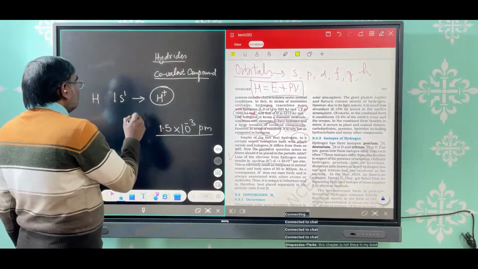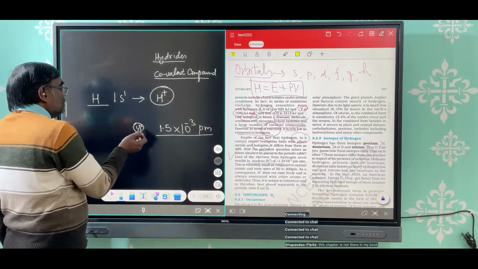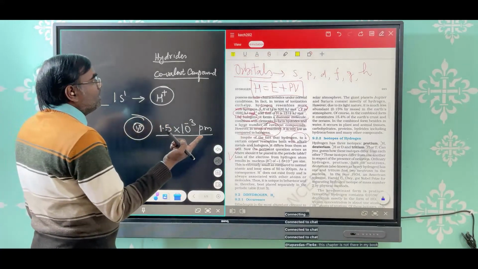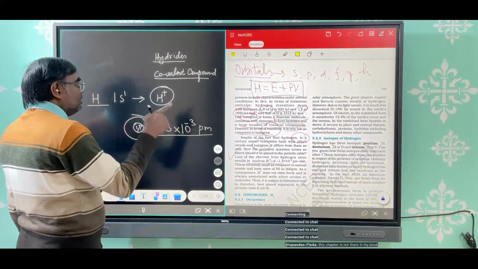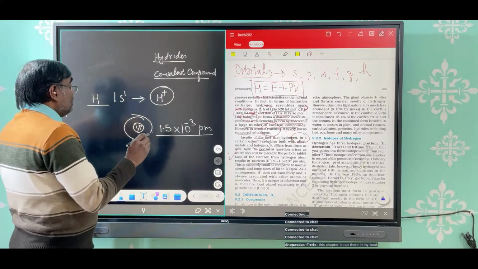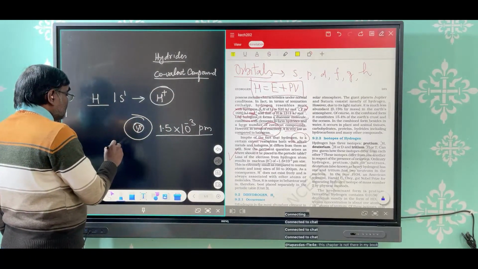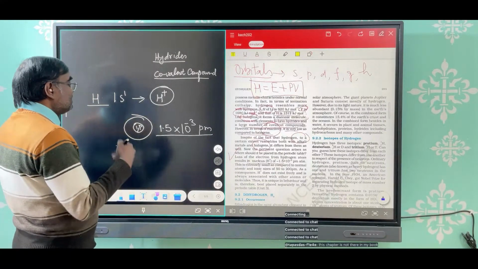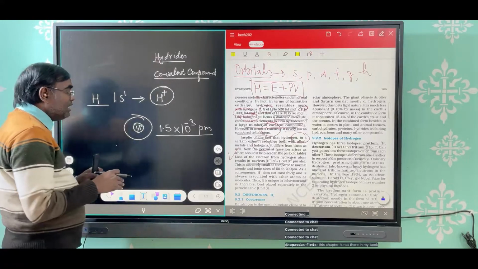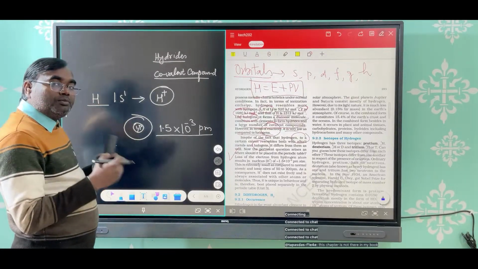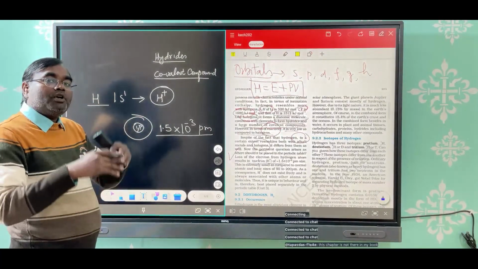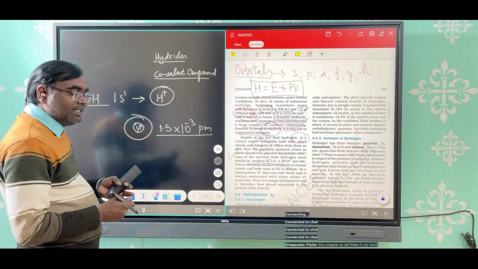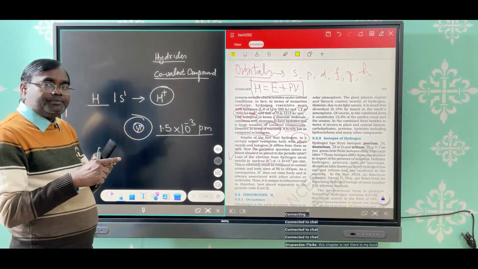Since hydrogen is coming at the top of all atomic numbers, the size of hydrogen must be smallest among all the elements, because the size of the elements is decided by the atomic size.